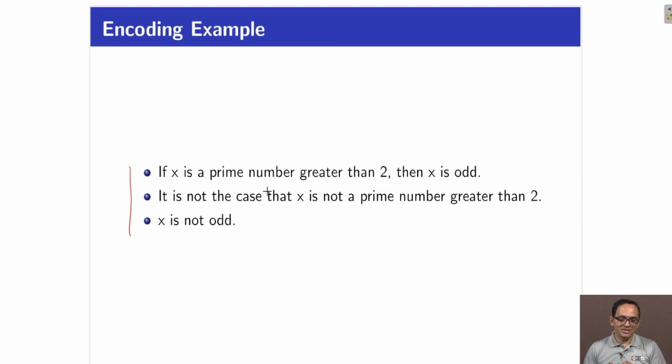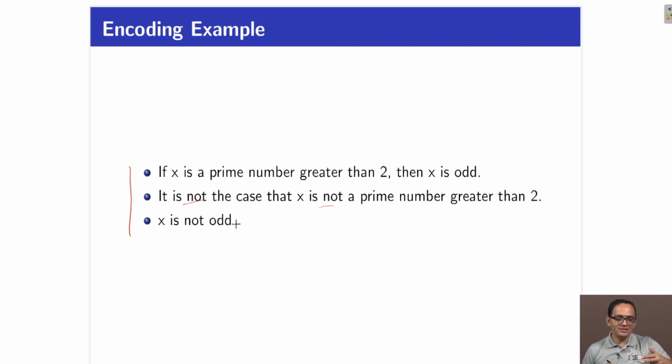There are two nots here, right: not the case that x is not a prime greater than 2. So, it effectively means that x is a prime number greater than 2, okay. And then you are saying that x is not odd.